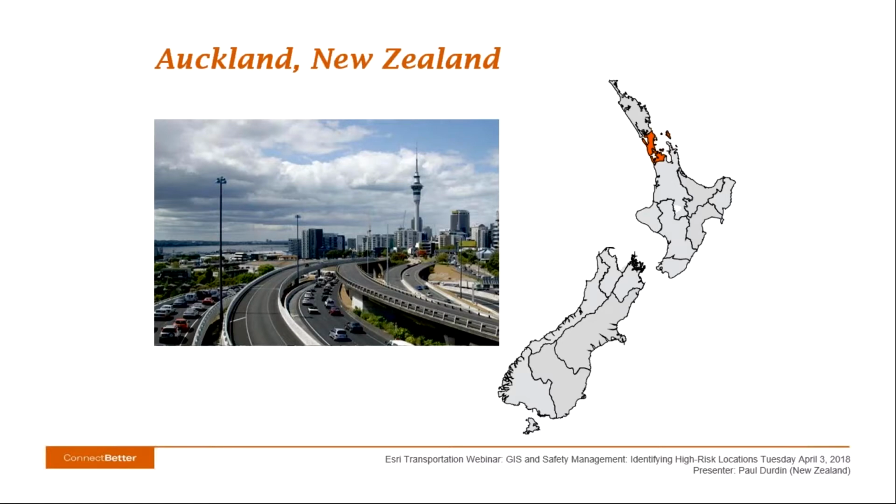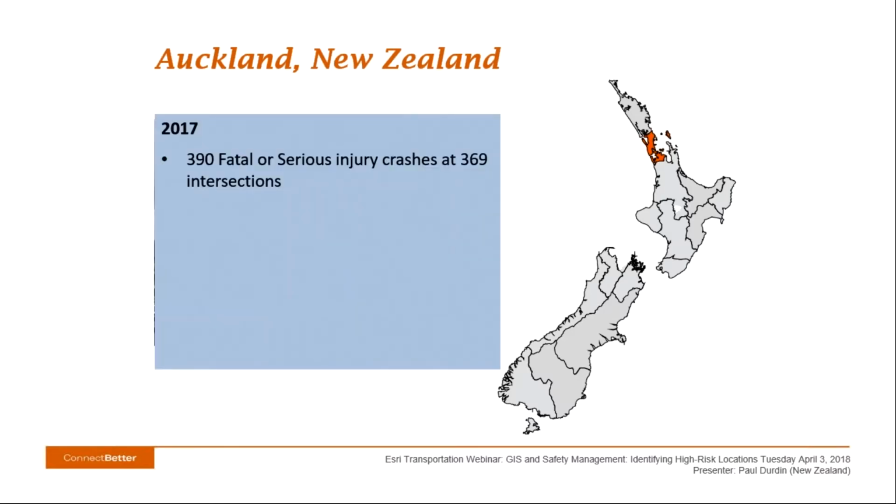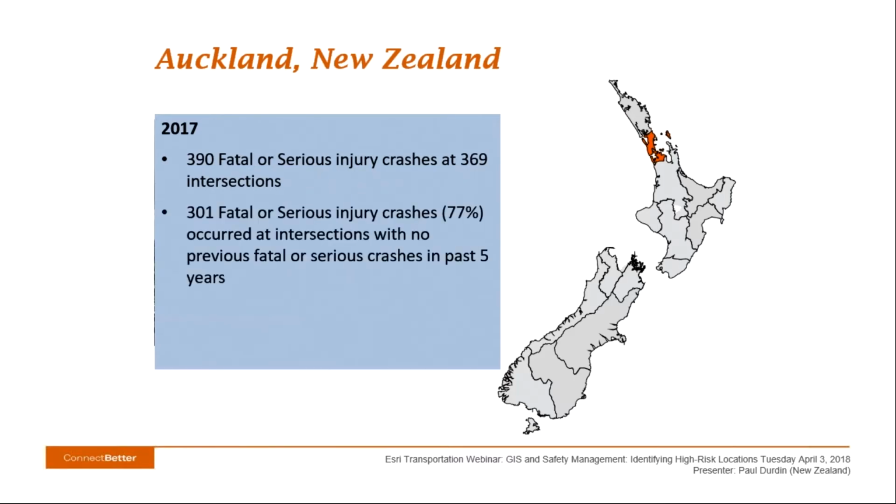By way of evidence, we can see that for Auckland, New Zealand, which has around 16,000 intersections and a population of 1.5 million, so it's a significant city, in 2017 there were 390 fatal or serious injury crashes that occurred at 369 intersections in Auckland.